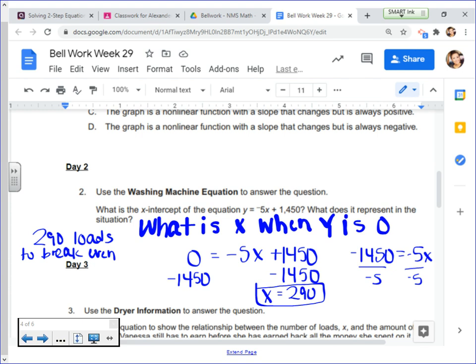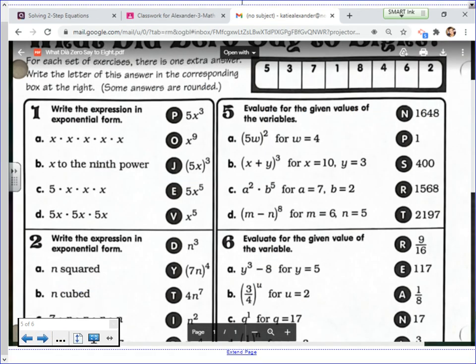Okay, so then your substitute should have also given you this worksheet right here. We're going to do some of these together just so you can understand, but hopefully this is more of a review and it doesn't take too terribly long. First of all, if you read the directions, it says for each set of exercises there is one answer. Write the letter of this answer in the corresponding box at the right.